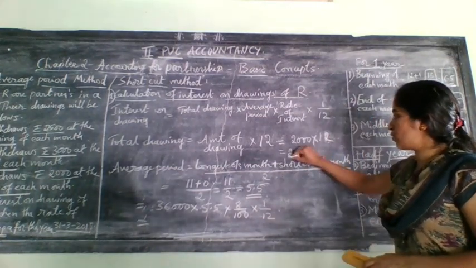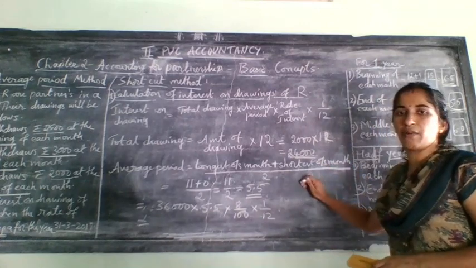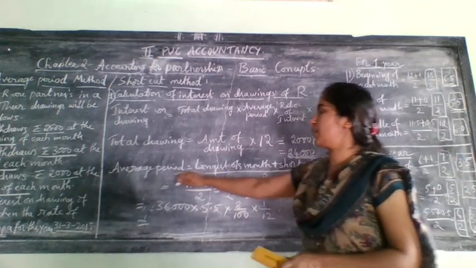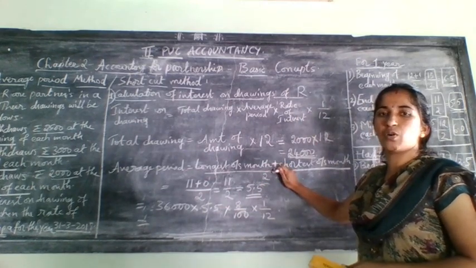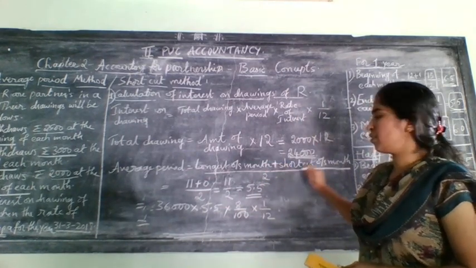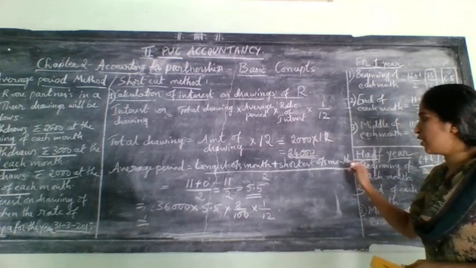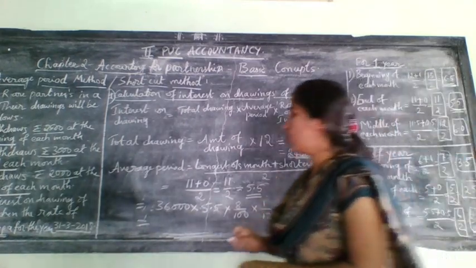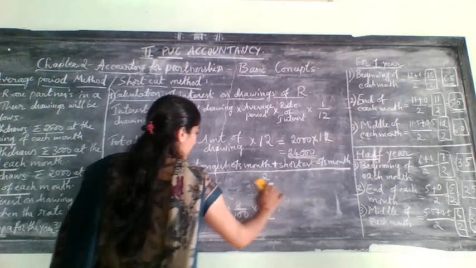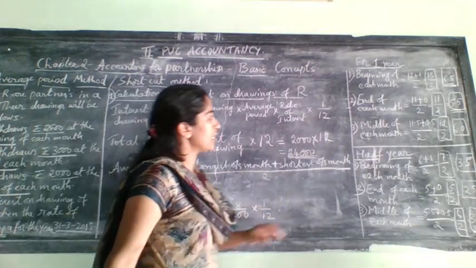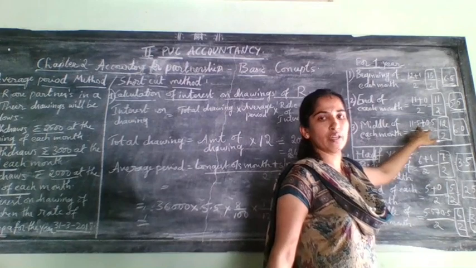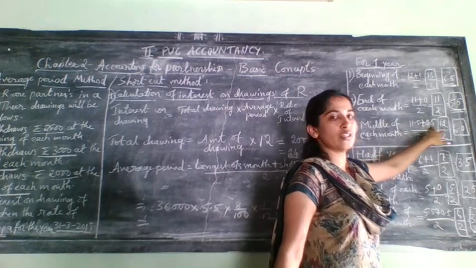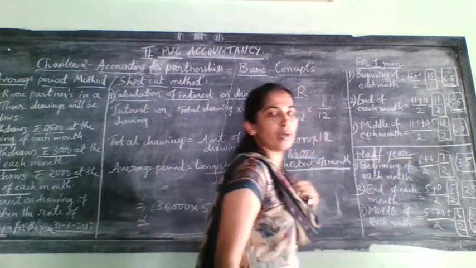Now, when it is 24,000, next step, after getting the total drawing, is average period. Average period is equal to longest outstanding month plus shortest outstanding month divided by 2. Now, check your table. Middle of each month for one complete year means longest will be 11.5, shortest will be 0.5, divided by 2.